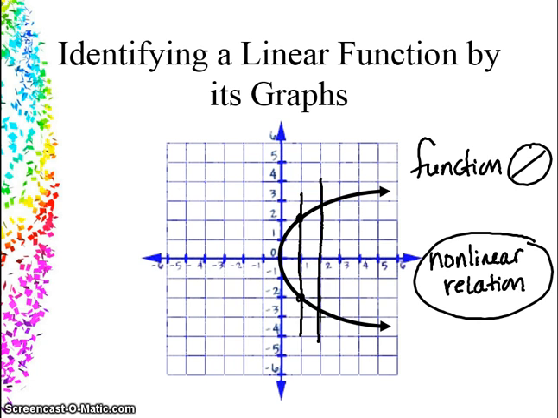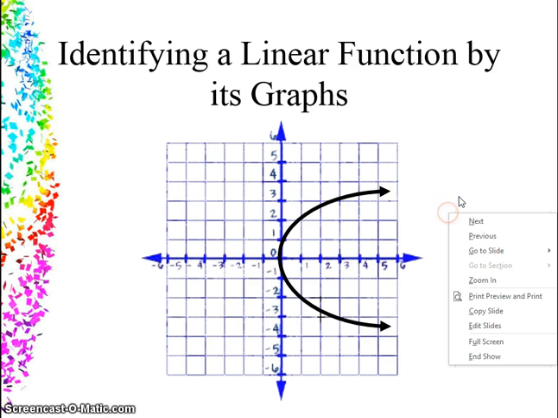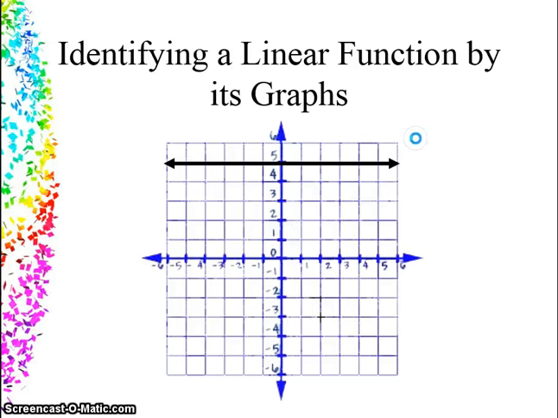We should have called, let me back up a second. We should have called this one a nonlinear relation as well because it did not pass the vertical line test.